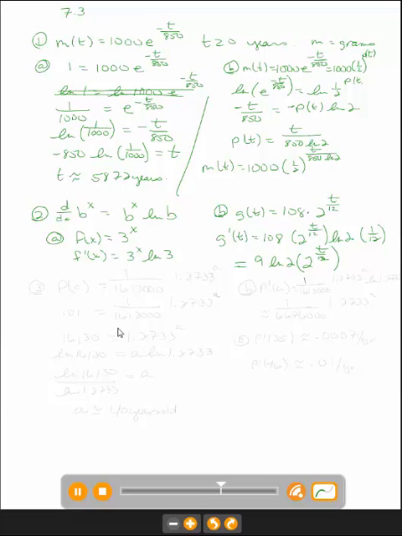And now we're ready for example 3. Example 3 is giving you a formula that models how the incidence of Down syndrome infants increases with the age of the mother.